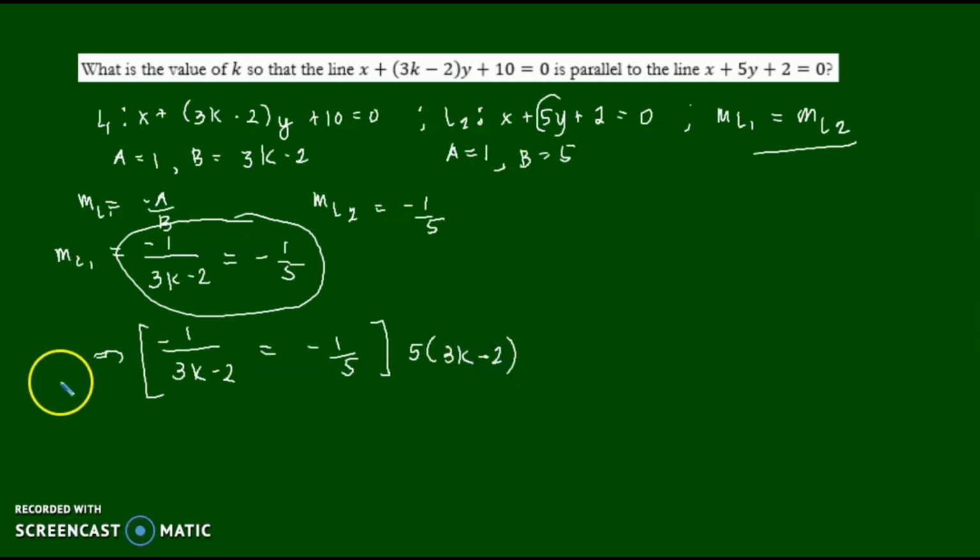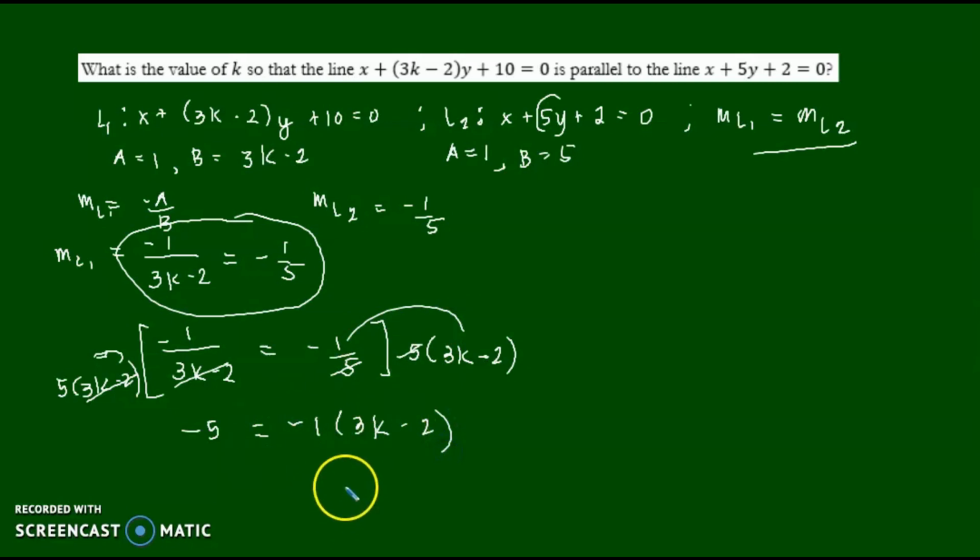So, 5 times the quantity of 3k minus 2 times negative 1 over 3k minus 2. Cancel 3k minus 2, then multiply 5 and negative 1, which is negative 5, equals negative 1/5 times 5 times the quantity of 3k minus 2. Cancel 5, then negative 1 times the quantity of 3k minus 2.